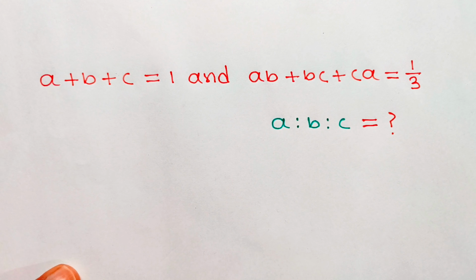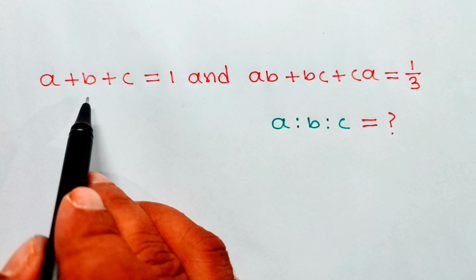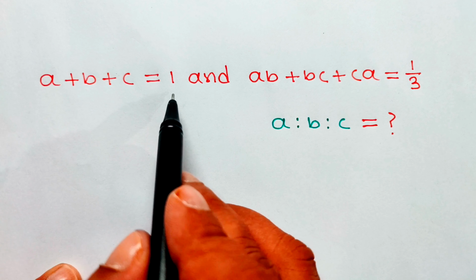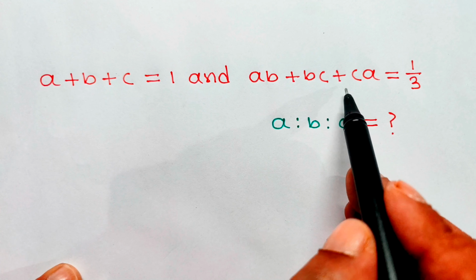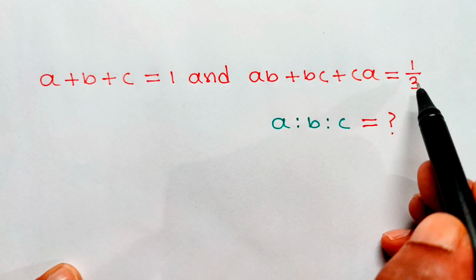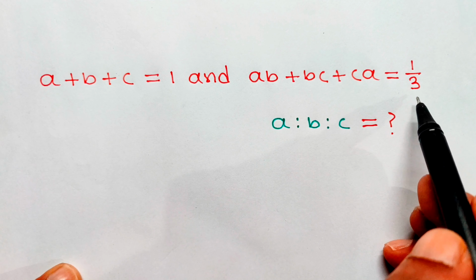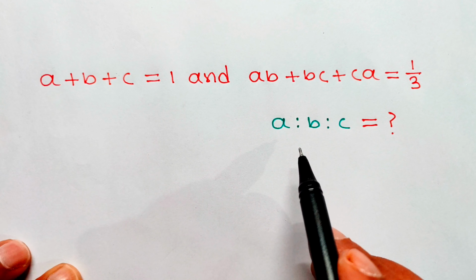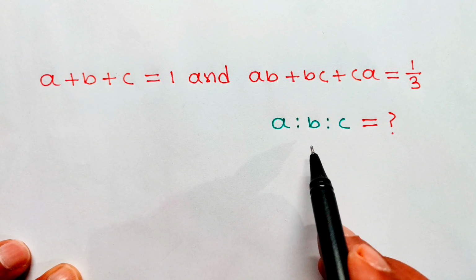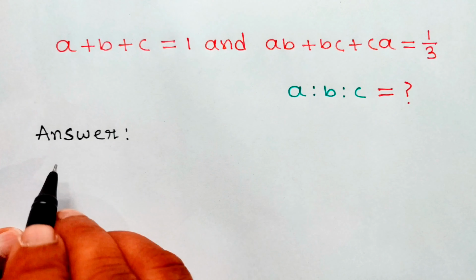Hello everyone, in this video we have been given a + b + c = 1 and ab + bc + ca = 1/3. Now we are going to find the value of a : b : c.